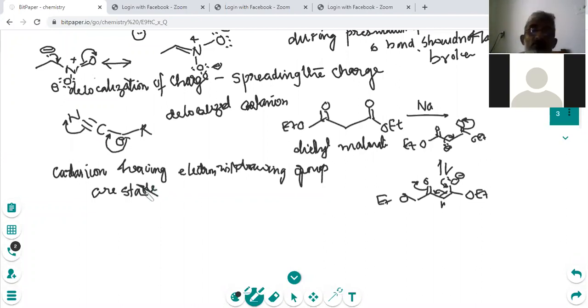Carbanions having electron withdrawing groups are stable.